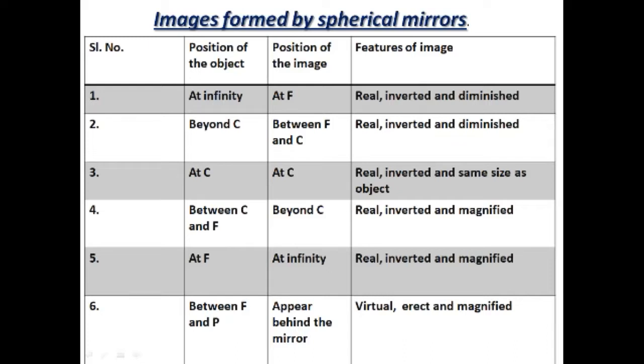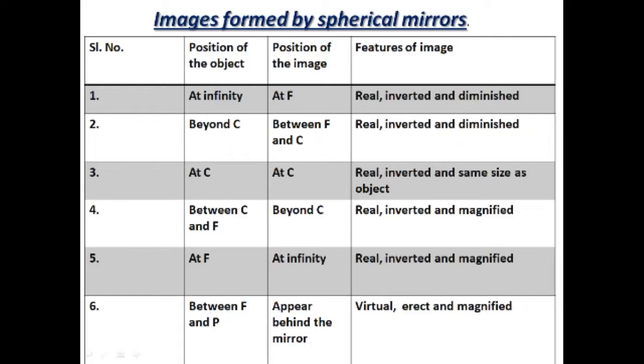The third possibility: the object is placed at the center of curvature and the image is formed at the center of curvature; the image is real, inverted and the same size as the object. When we place the object between C and F, the image is formed beyond C, and the image is real, inverted and magnified.